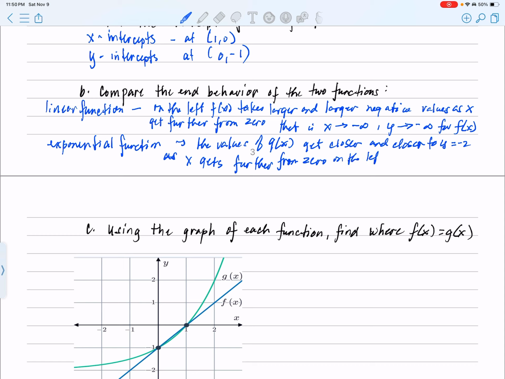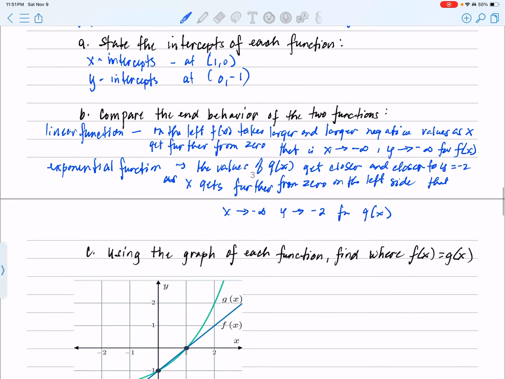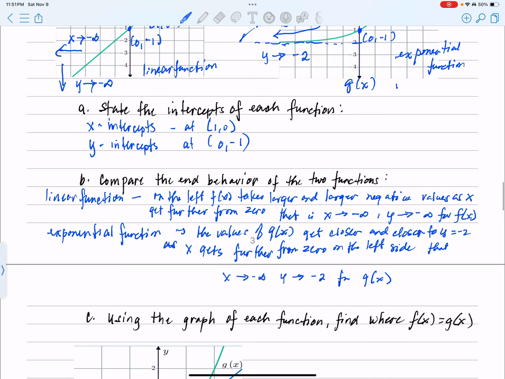We are only talking about the left because on the right side, the exponential and the linear function have the same end behavior. And that is, as x approaches negative infinity, y approaches negative 2 for g of x, the exponential function. This is the g of x here. This is the function f of x for this graph.